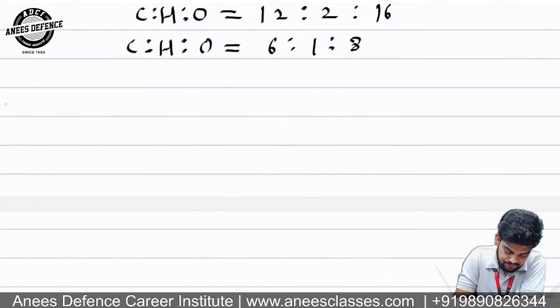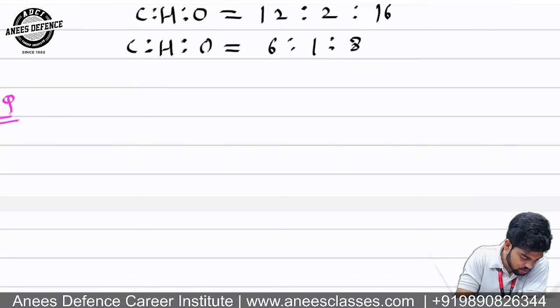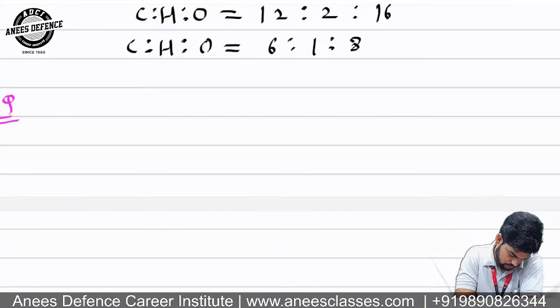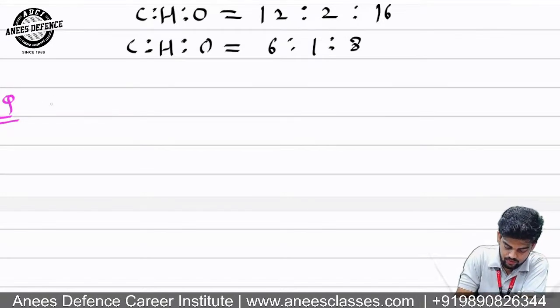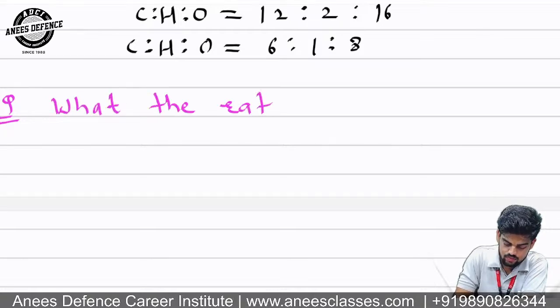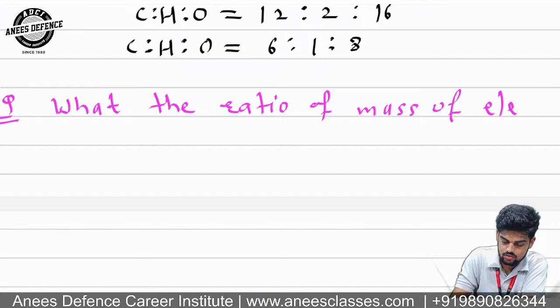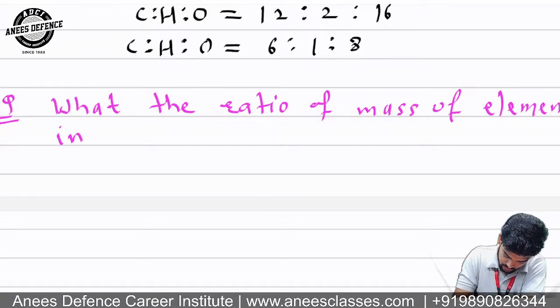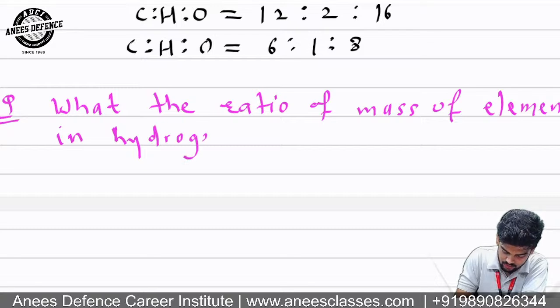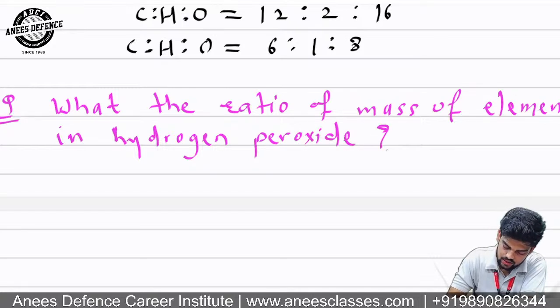Let's see a previous year example. The question is: what is the ratio of masses of elements in hydrogen peroxide? What is hydrogen peroxide?